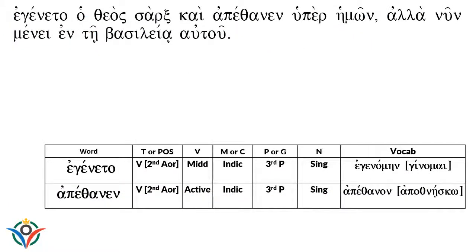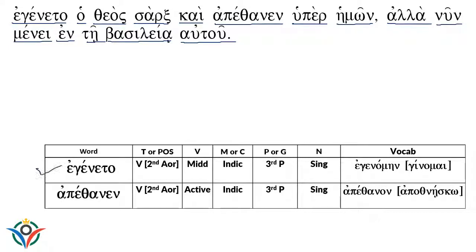Let's take a look at our third example together. The Greek reads as follows: Egeneto ho theos sarx kai apethanen huper hemon alla nun menei en te basileia autou. So let's parse two words here, two verbs specifically.